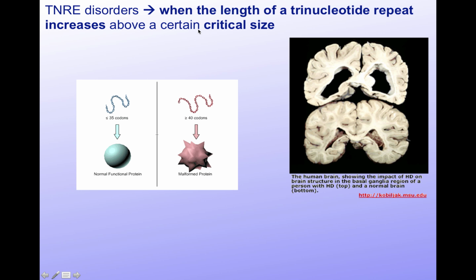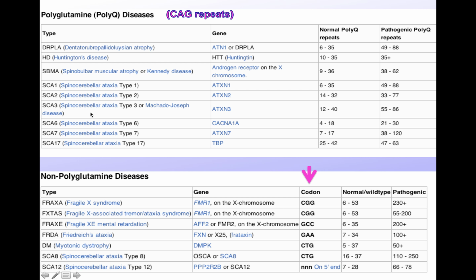So these are all polyQ diseases with some very long names: spinobulbar muscular atrophy, spinocerebellar ataxia, all different kinds. These are different genes that are mutated, and they all have polyQ repeats.